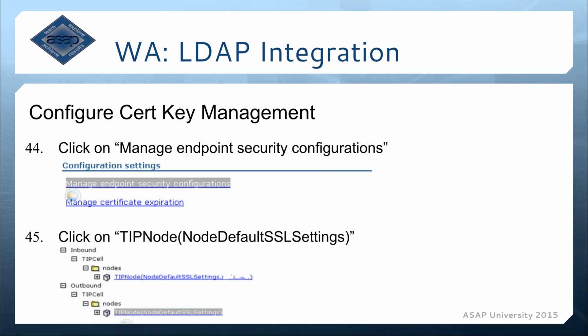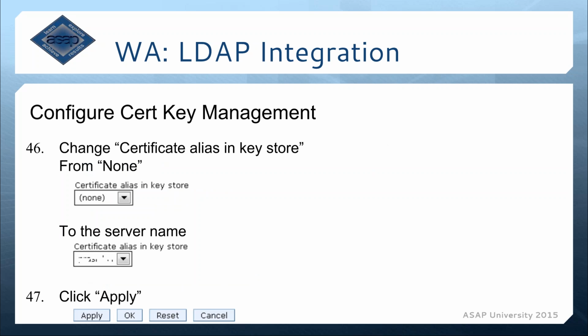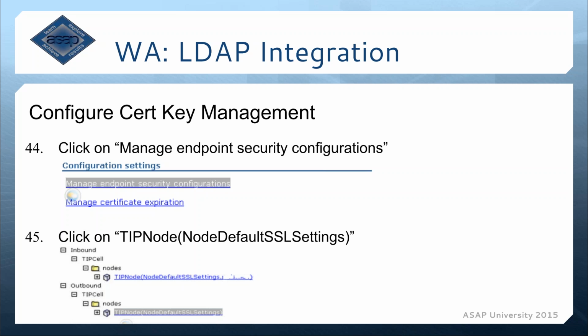As long as you keep your alias the same when you update your server certificate, it should remain, but I'm paranoid, so I still go in there and double check to make sure that the alias on the certificate for your WebSphere server is still there for your inbound and outbound connection.